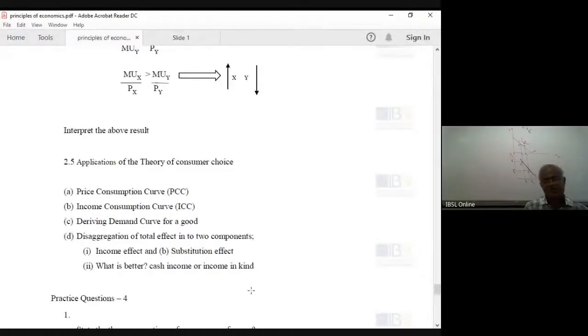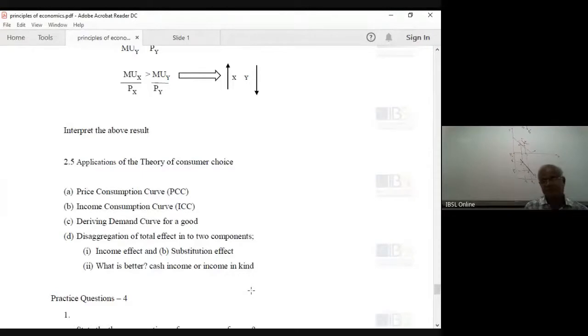It is called the income effect of a price change. That is the income effect.